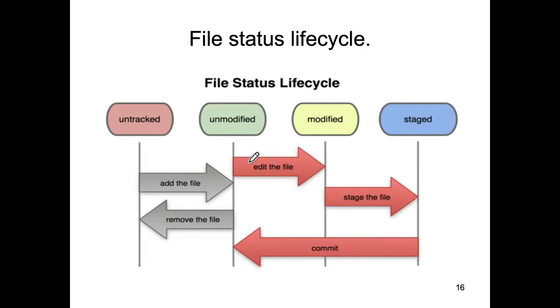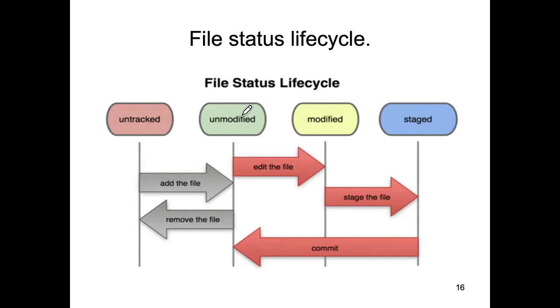Sorry, let's go back again. Unmodified. Unmodified means there is a copy of this file in the repository, but it hasn't been edited since we committed it, whenever we committed it.